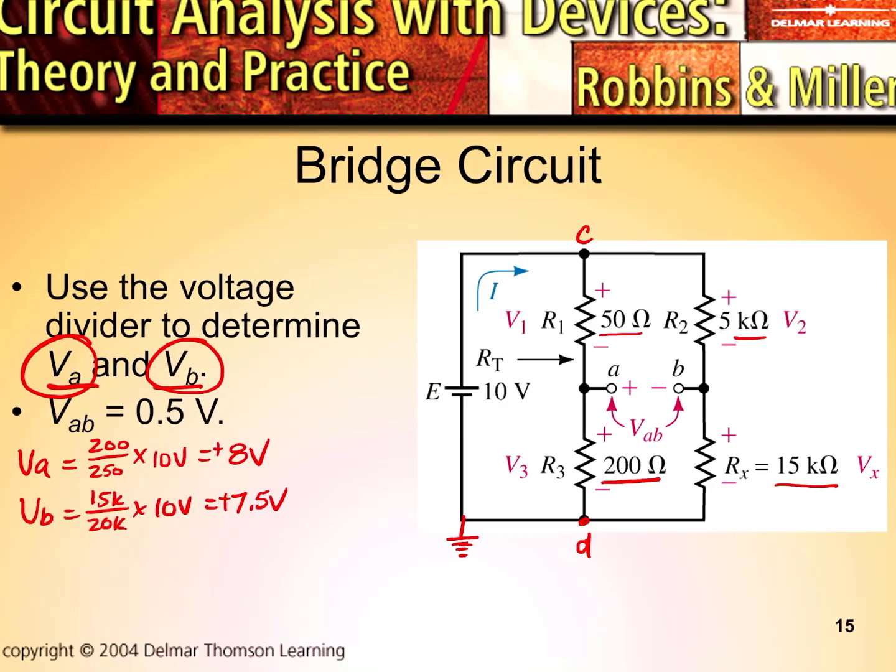And so now if we want to know a VAB value, we know that that's determined by VA minus VB, right? VA is equal to plus 8 volts. Now we're subtracting plus 7.5 volts. The result is plus 0.5 volts. And that's what we see here.